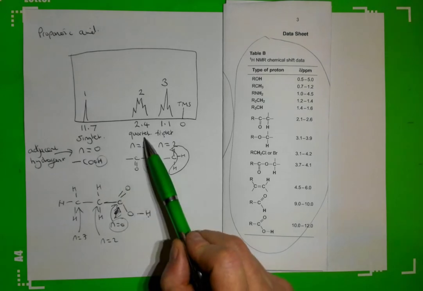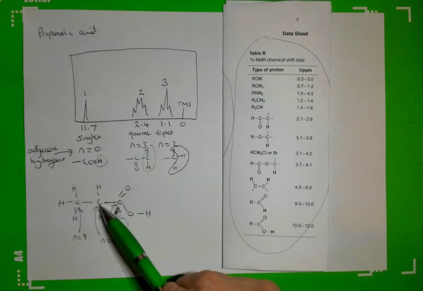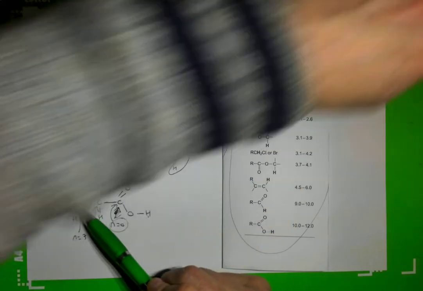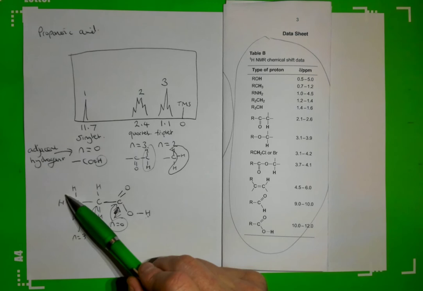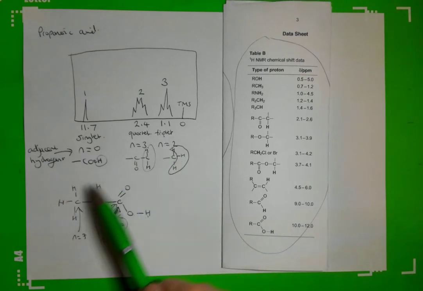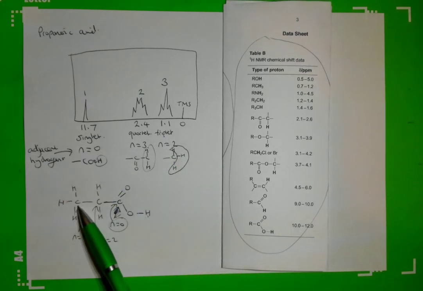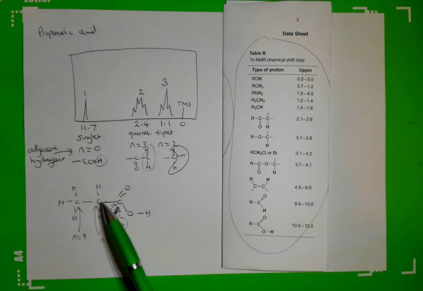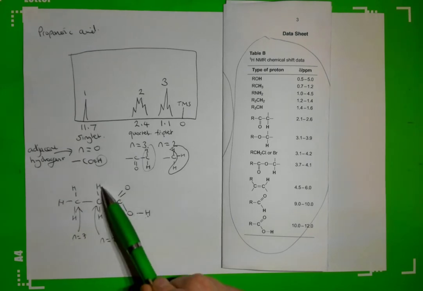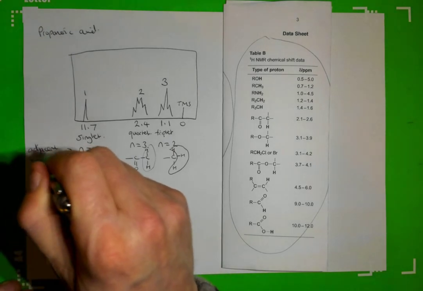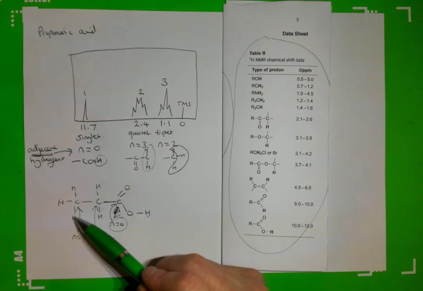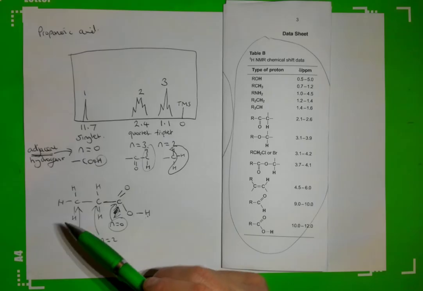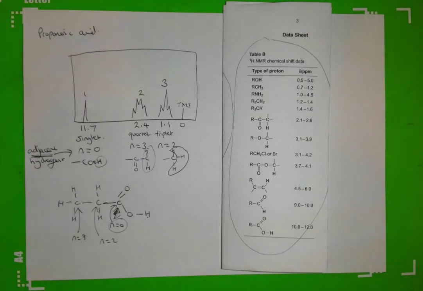We've got a quartet over here, and that's because its adjacent carbon has got 3 hydrogen atoms attached to it, and we've got a triplet. This would be a triplet because its adjacent carbon has got 2 hydrogens attached to it. Remember, it's adjacent hydrogens that we're looking at, not the hydrogens attached to that carbon, because that will be the integration ratio. Okay, so that would be propanoic acid.